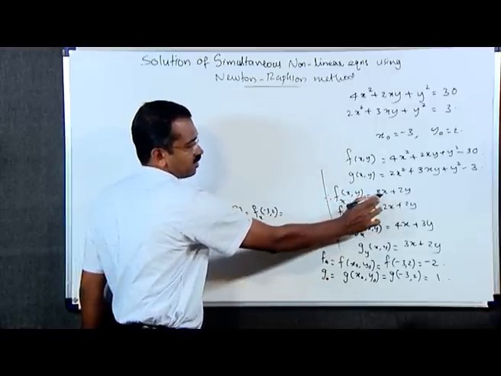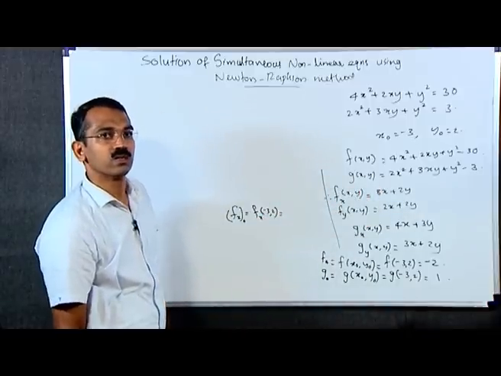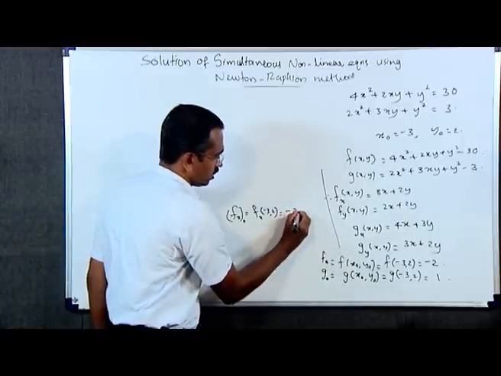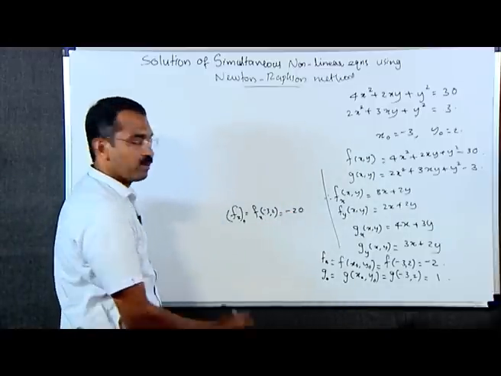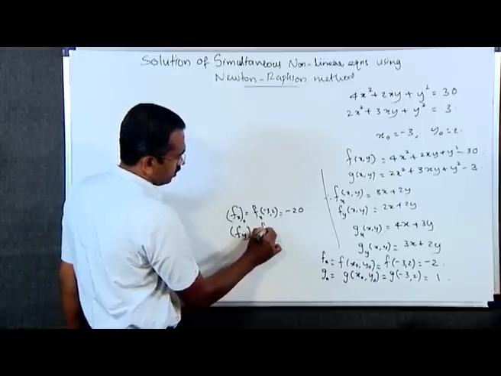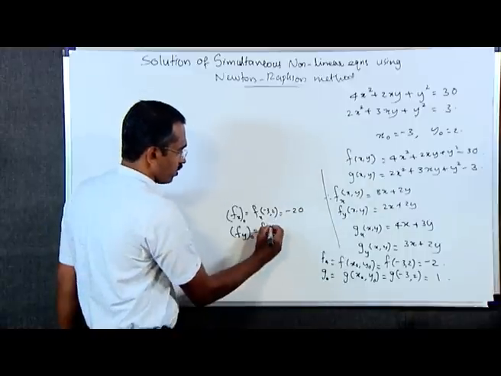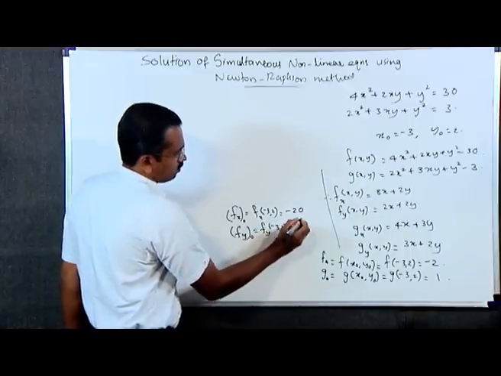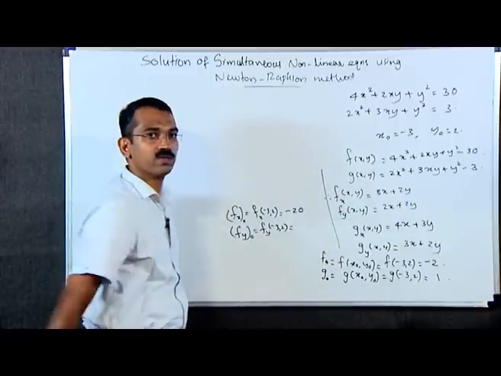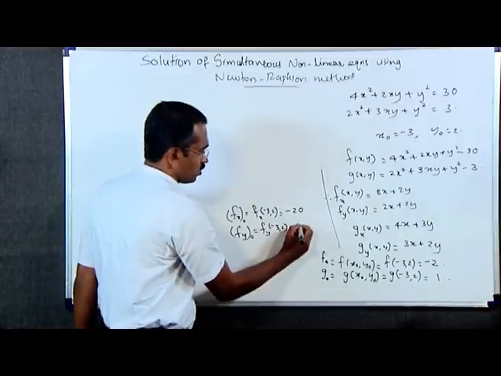Putting x equal to minus 3 and y equal to 2 in this expression, we get fx at minus 3 comma 2 as minus 20. Now, fy naught means the partial derivative of f with respect to y at the point minus 3 comma 2. Putting x equal to minus 3 and y equal to 2 in this expression, we get fy at minus 3 comma 2 as minus 2.